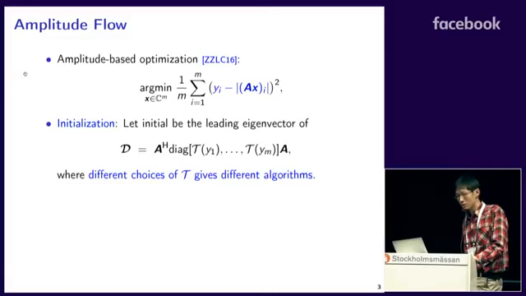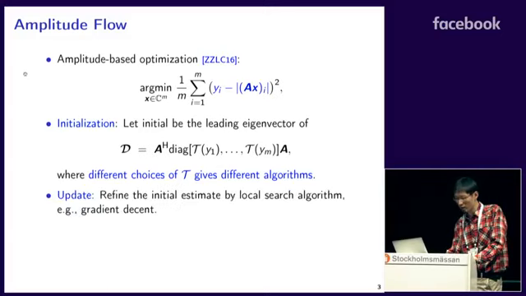This initialization step is also known as the spectral initialization. It can provide an estimate that is non-orthogonal to the true signal x star. Then, for the main part of the algorithm, we refine the initial estimate by local search algorithms such as gradient descent. So this concludes the whole structure of the amplitude flow algorithm.